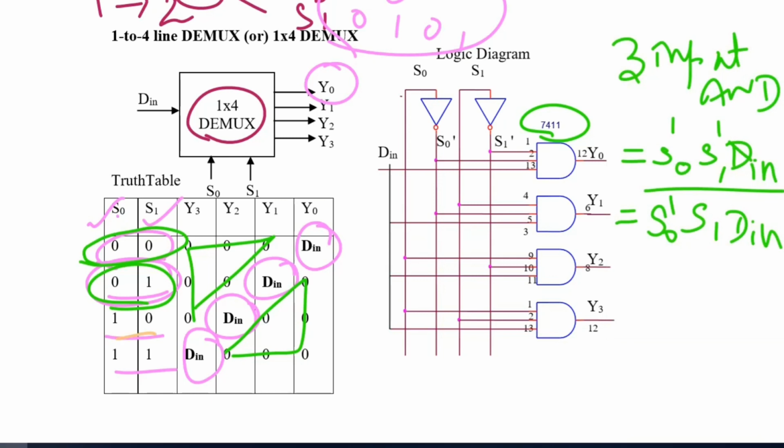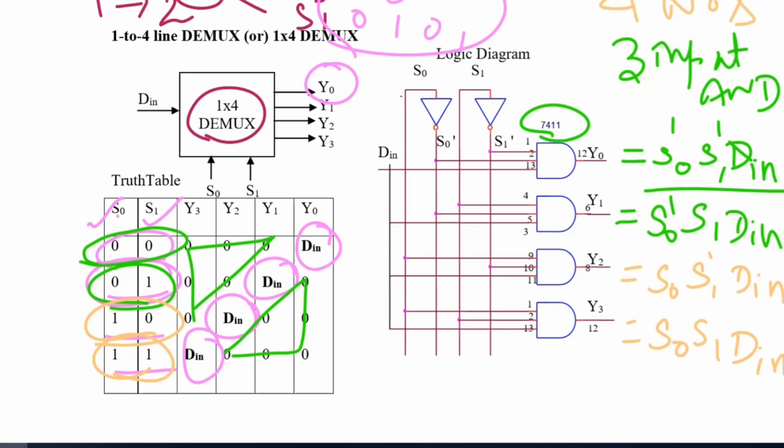What is the value of Y2? Y2 equal to S0, then S1 dash D in. And what about Y3? Y3 equal to S0 S1 D in. So totally we need 4 numbers of 3 input AND gate.